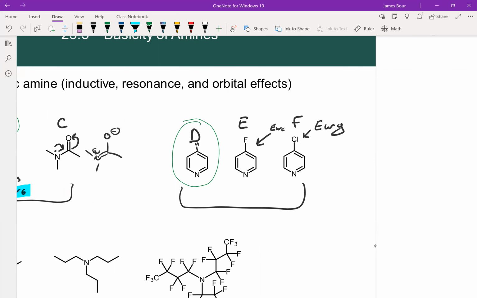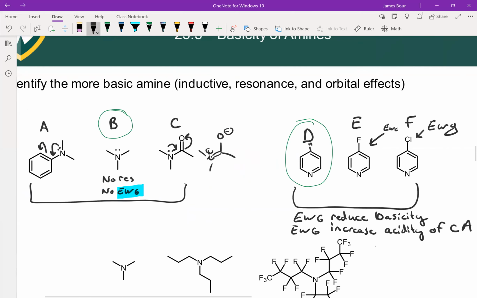Another way of saying that is they increase acidity of the conjugate acid, CA, and CA in this case will mean conjugate acid.